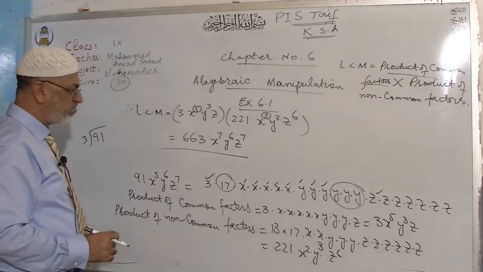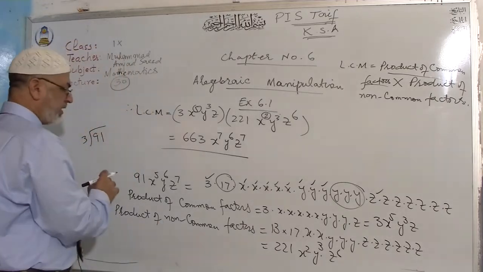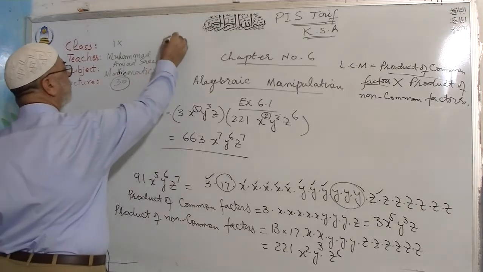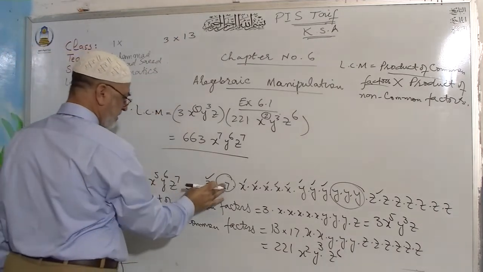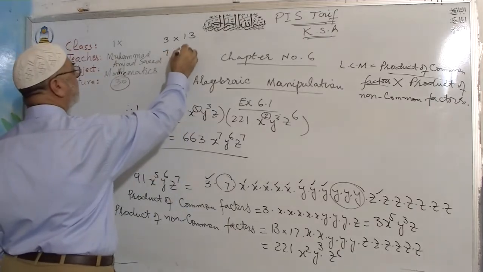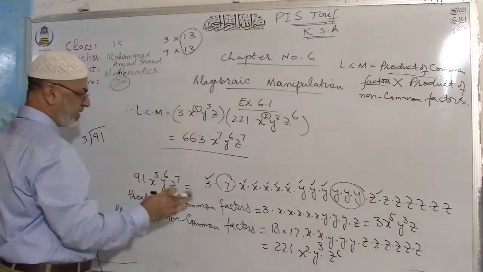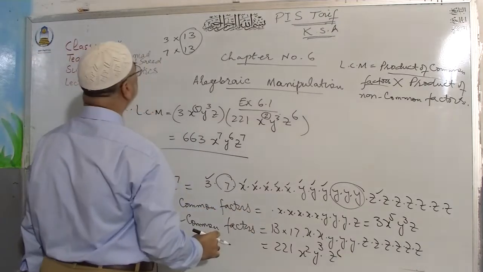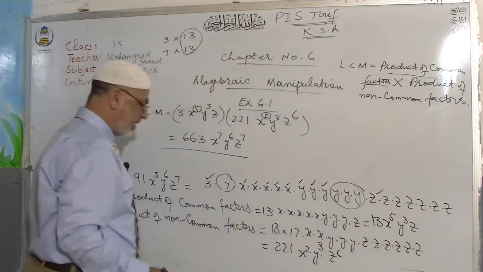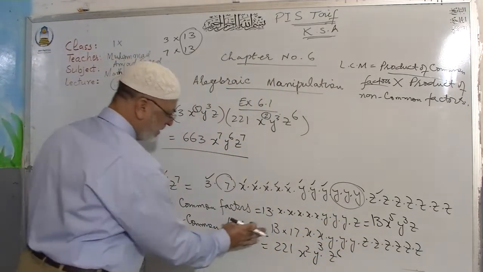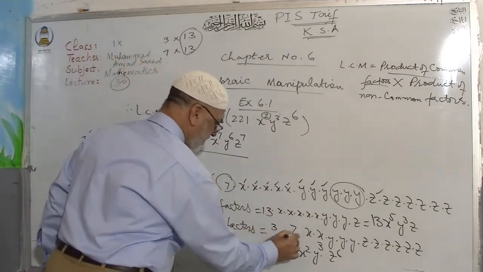What was 39? 3 into 13. That was 3 into 13. And then 7 into 13, I think. Yes. So common factor was 13. Here was 13. And non-common factors were 3 and 7. Yes, 3 and 7, that is 21.